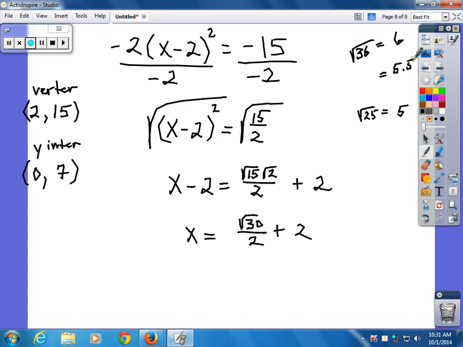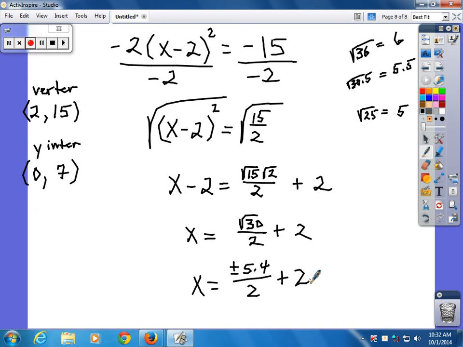Half of that is 5.5. So that'd be the square root of 30.5. Oh my gosh, we just need 30. So I'd say it's 5.4. It's a miracle. x is equal to positive or negative 5.4 over 2 plus 2.